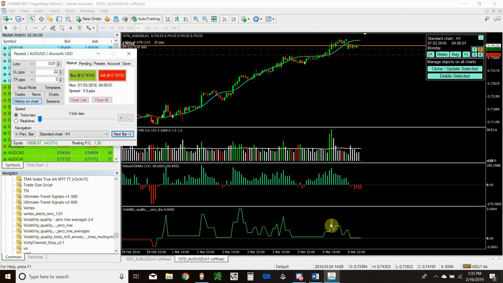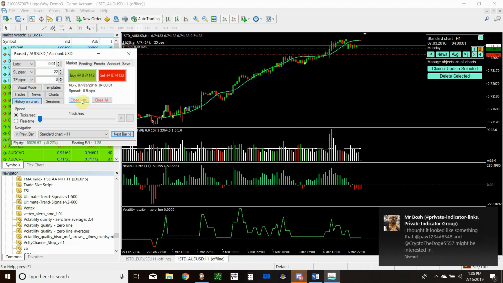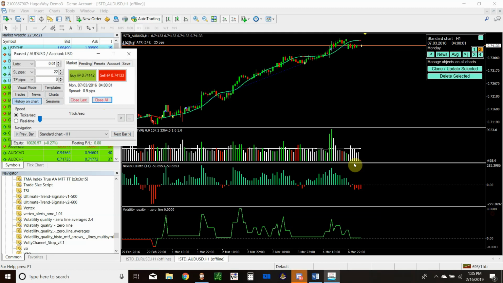But interestingly enough, we'd still be in the trend on this VQZ line. So let's kind of keep that in the back of our heads. Maybe we will change that up, but for now, we'll just keep it like it is till we get more trades.